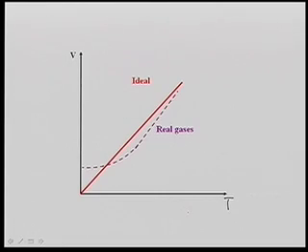This is a graph that gives us a relationship between volume and temperature for a fixed amount of gas. You would see here that the red line is a straight line, and it represents the behavior of an ideal gas, that non-existent gas that we explained earlier on. But the dotted line represents our real gases, say nitrogen or oxygen.